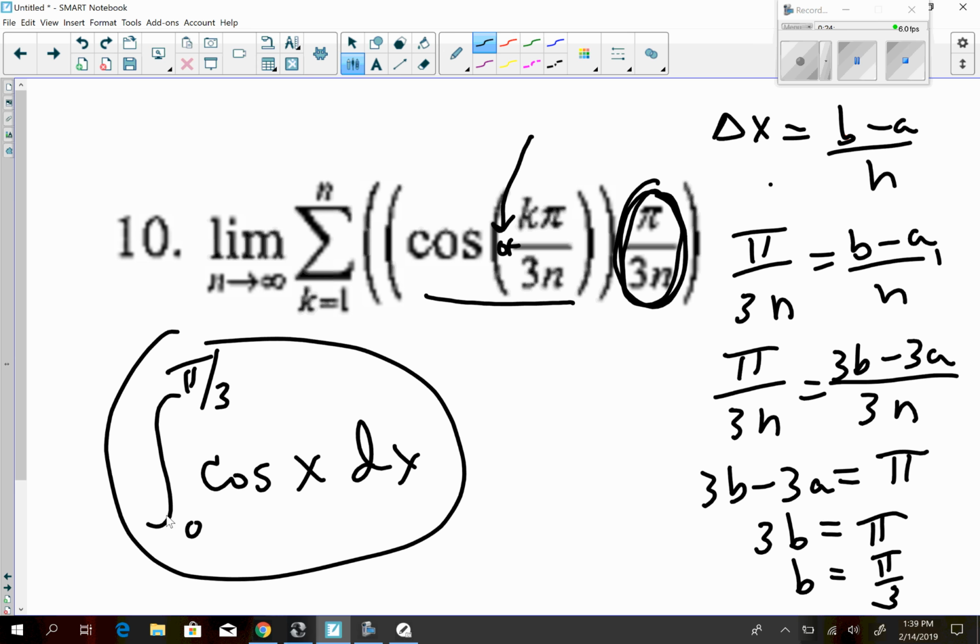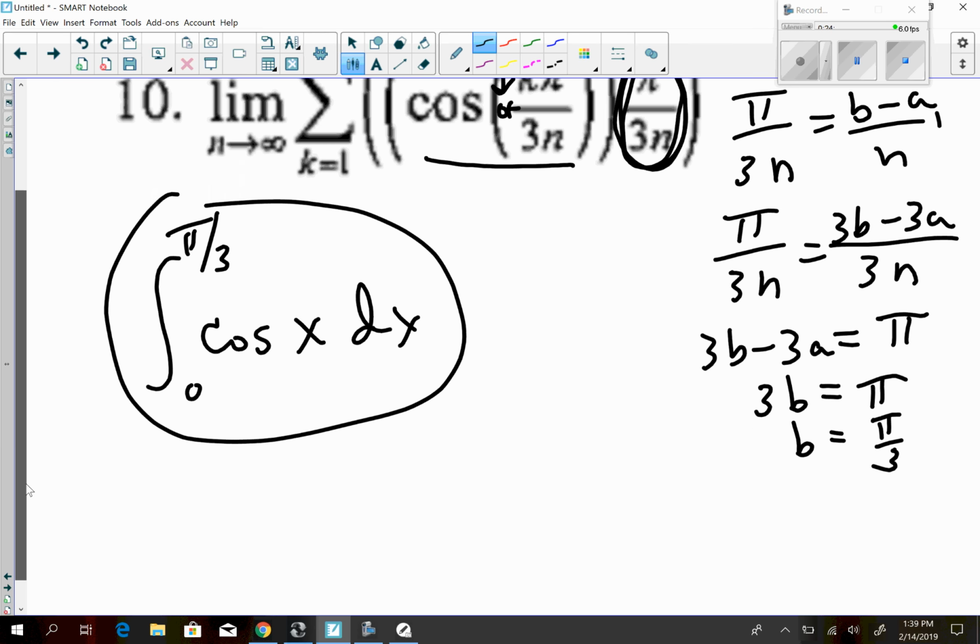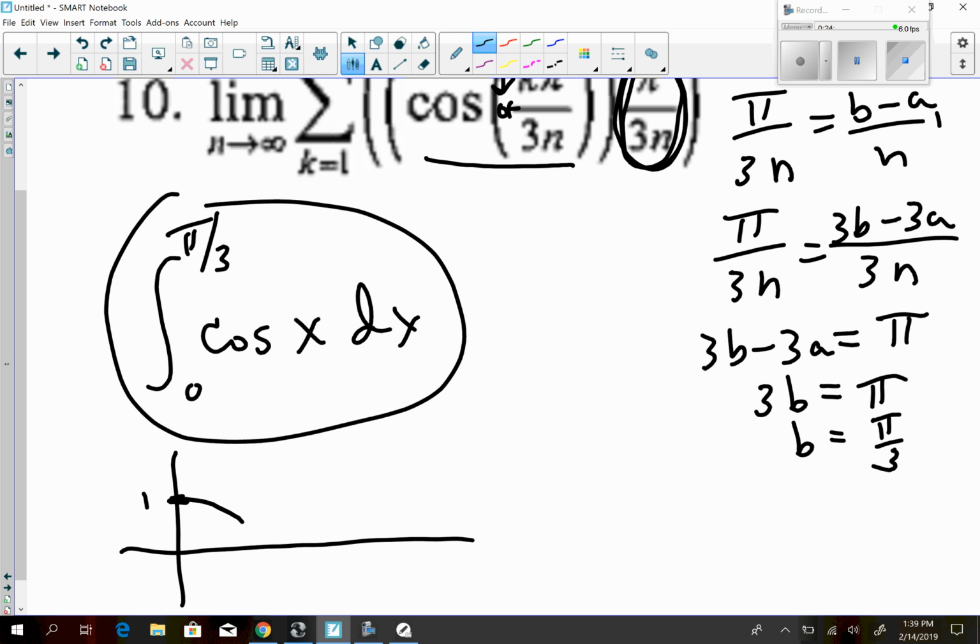So to verify that that's right, let's try turning this integral into the Riemann sum. Cosine x graph starts at 1 up here and then goes down and so on. If we are talking about the integral of this function from 0 to pi over 3, the first rectangle would start at 0, because that's down there, and end somewhere.